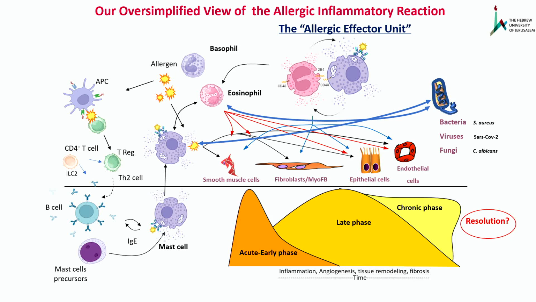So this is an oversimplified view, of course, of allergic inflammation, where I point out that the center of the universe for me is the mast cell and the eosinophils.